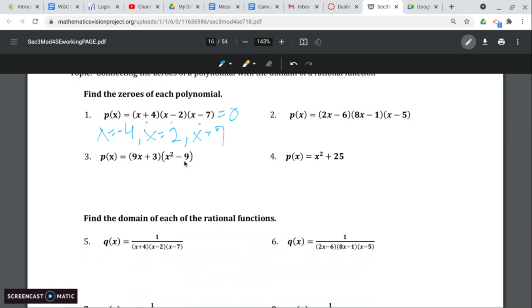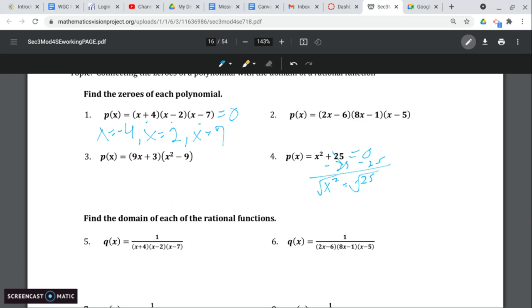Now, these are a little different simply because we've got that squared. So remember, take the square root when you set it equal to 0. Now, this one right here, finding the zeros of this, if we subtract the 25 from both sides, we end up with x squared equals -25.